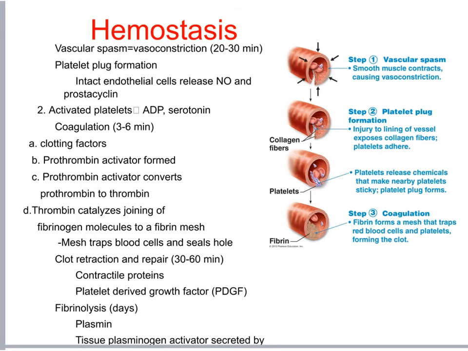So as more platelets aggregate, they release more chemicals, aggregating more platelets, and so on. This is what we call a positive feedback mechanism, if you remember that from your general biology and A&P 1 courses. And within about 1 minute, a platelet plug gets built up that plugs the area and further reduces blood loss.